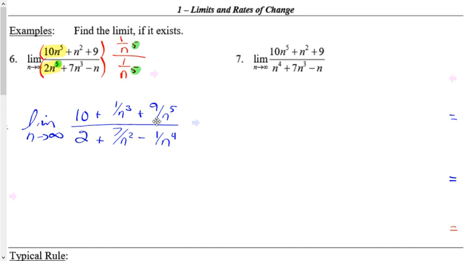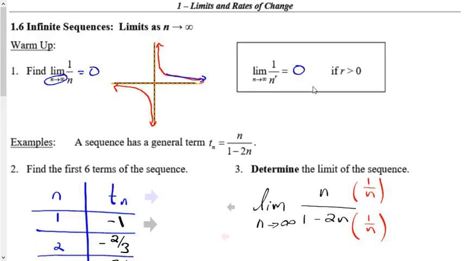Similar stuff happens in the denominator. And as we looked at this property that we put in the box on the first page, it doesn't matter what this exponent is, that r value, as long as it's positive. If n is approaching infinity, 1 over n to some exponent is going to approach 0.